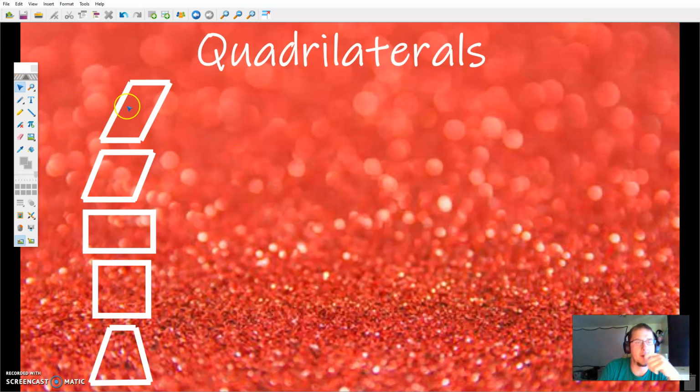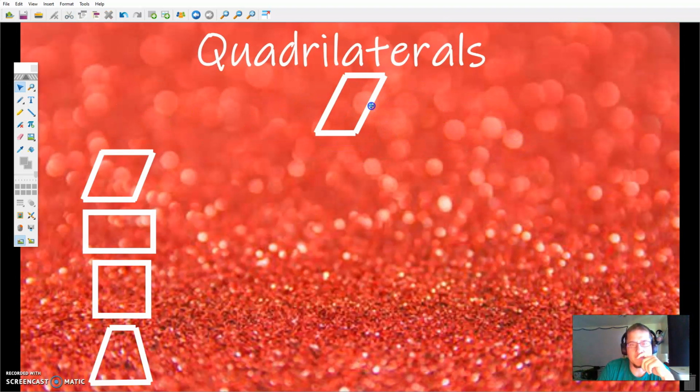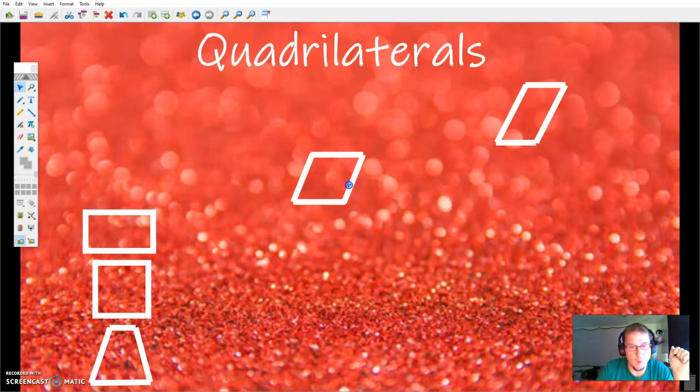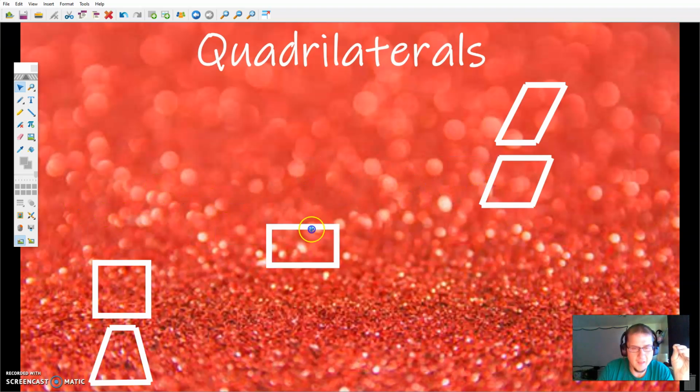The top one being a parallelogram. So this guy right here is a parallelogram. 2 sets of parallel sides, and that's it. We've got two acute and 2 obtuse angles, but to be a parallelogram, it just needs those 2 sets of parallel sides. This is a rhombus, which is again a parallelogram, 2 sets of parallel sides. The key thing that makes it different is it's got 4 equal sides.